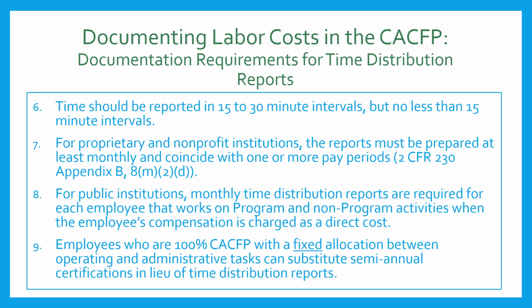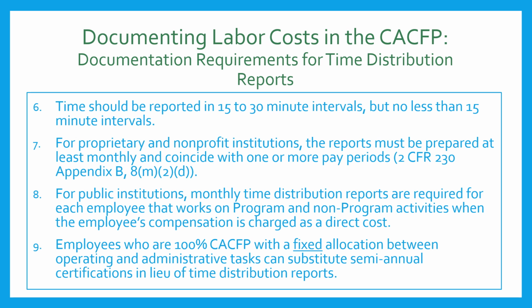See 2 CFR 230 Appendix B, 8.m.(2)(d) for more information on nonprofit requirements. H. For public institutions, monthly time distribution reports are required for each employee that works on the program and non-program activities when the employee's compensation is charged as a direct cost.